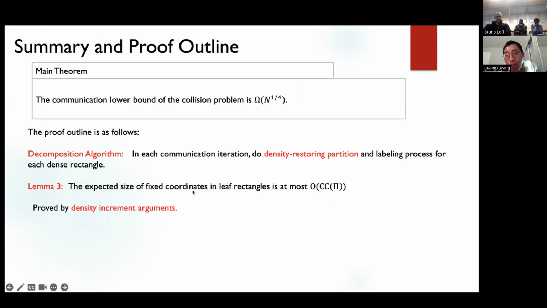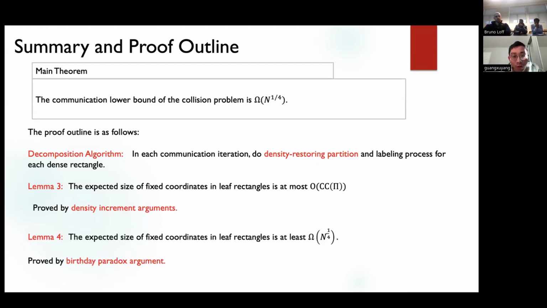In each communication, the density function will increase, and every density resource partition will decrease at the fixed size. Number 4, we upper bound the fixed size of correlates. No lower bound. So this is the same as by the Bauer paradox, since we use number 2.